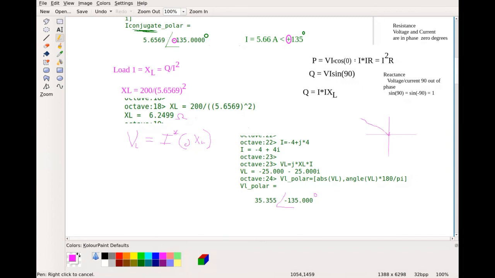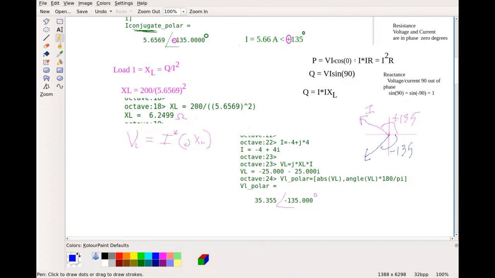This current is going out here, and this was the angle plus 135 degrees. And now we have the voltage, which is going this way, which is minus 135 degrees.